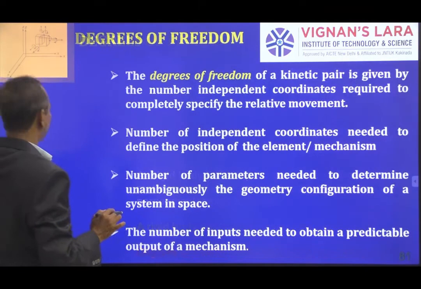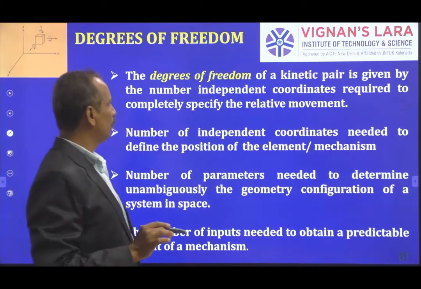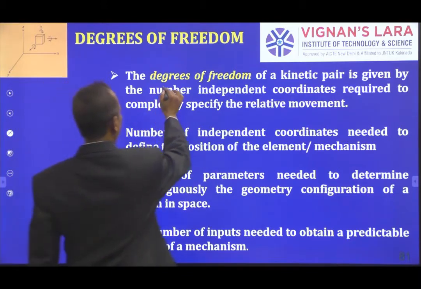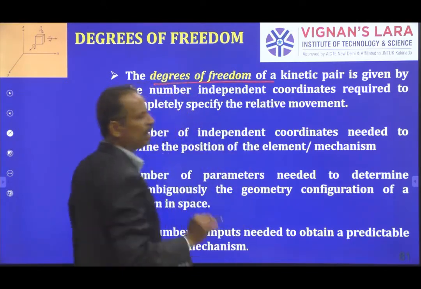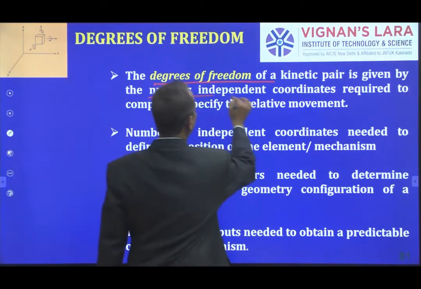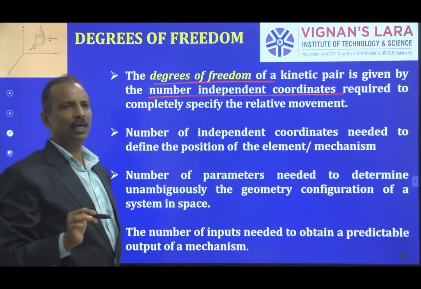We can define degrees of freedom in various ways. The first simple definition is that the degrees of freedom of a kinematic pair is given by the number of independent coordinates required to specify the system completely.